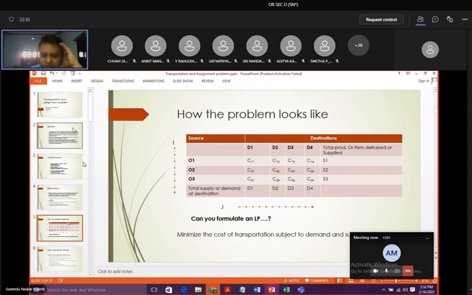Now, what is C11? Can you think of? Cost, sir. Correct. So C11 is the cost from source O1 to destination D1. It is just a problem formulation, a generalized problem formulation.